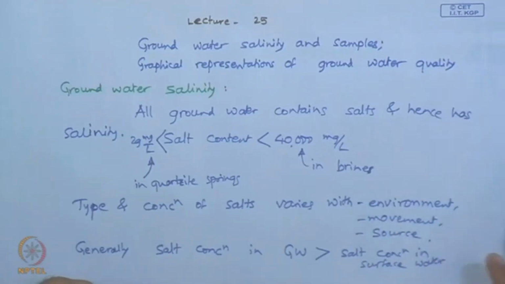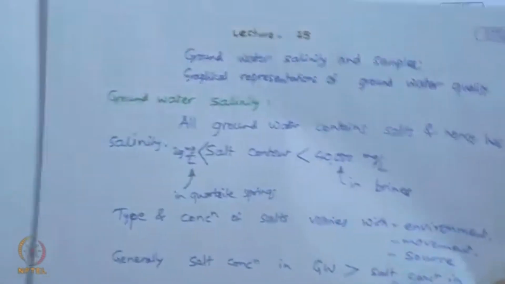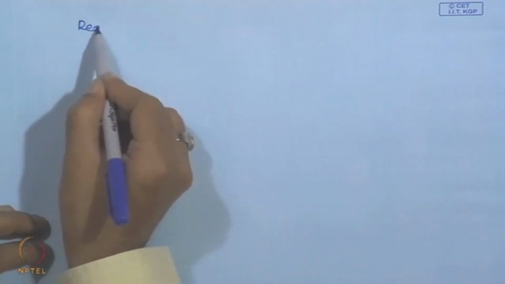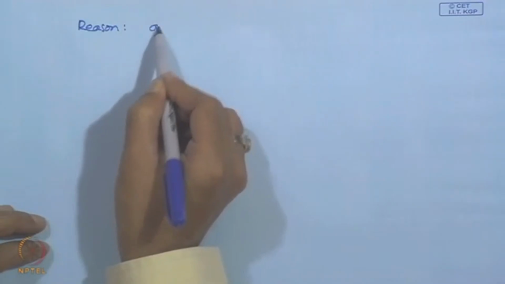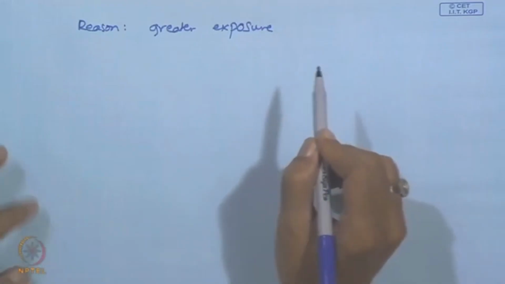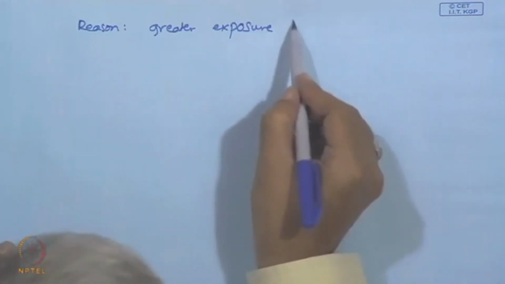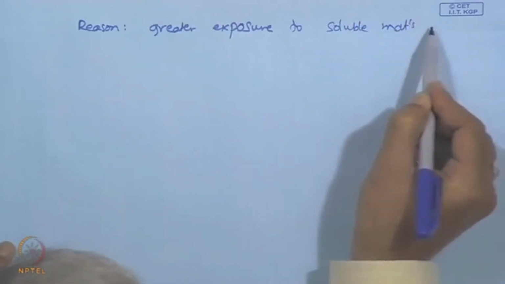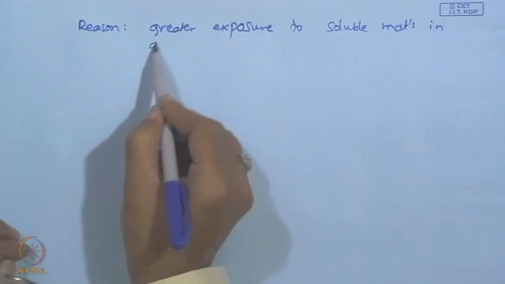The reason is obvious, because in case of groundwater, the flow velocity is much less, and there is greater exposure to soluble materials in geological strata.